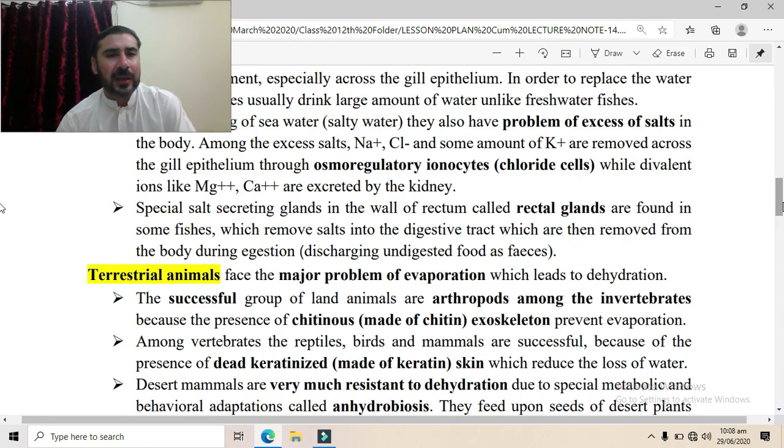Whenever they drink a large amount of water and that water passes through the digestive tract, the extra salt is removed by these rectal glands, and when the digestion process is completed, the feces will be discharged. Along with that feces, they remove the extra salt which is collected from the digestive tract by the rectal glands. So during the process of digestion, they remove the extra salts from their bodies.